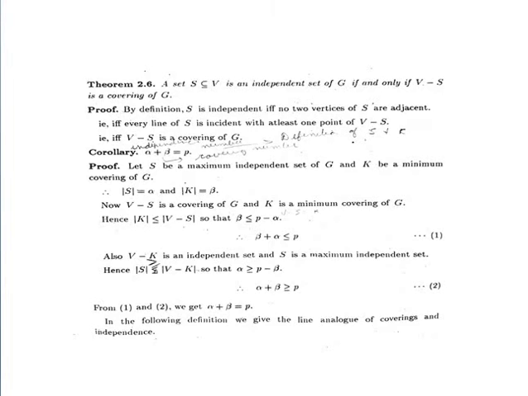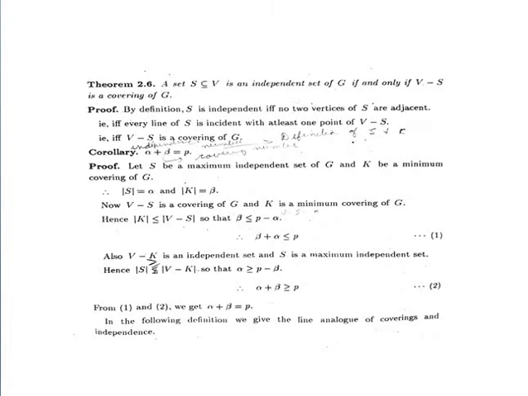From the above theorem, we have an important corollary. That is, prove that alpha plus beta equal to P. It says that the independence number and the covering number give the total number of points in a graph. Let S be a maximum independent set of G and K be a minimum covering of G. We know that |S| is equal to alpha and |K| equal to beta.